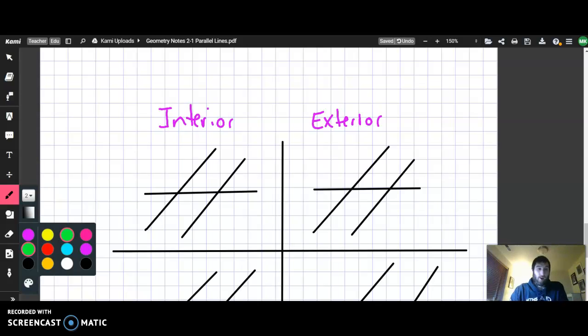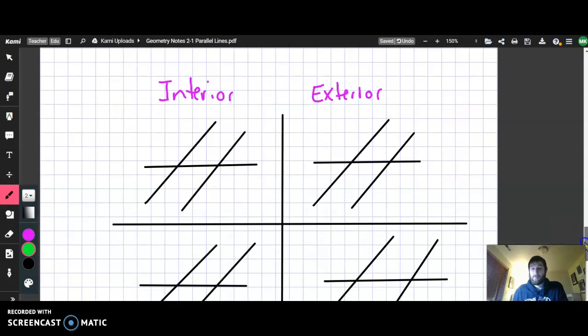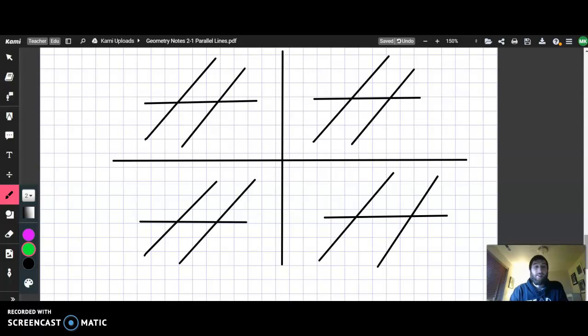But then, on the left side here, we're going to be referencing the parallel lines themselves. We can either be on the same side with our parallel lines or on different sides. And so when we look at our transversal, we could either be on the same side of the transversal or on alternate or different sides of the transversal. So we're going to have the top row be the alternate and the bottom row be the same side.